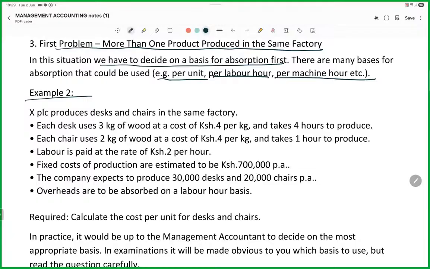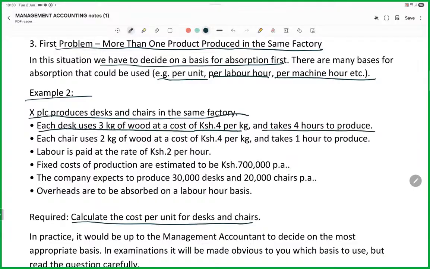So this example 2, because you are always students who are blessed with getting answers, and then you get, in this case here, gifts. Example 2, they want us to calculate the cost per unit for desks and what here? Chairs. You give us the cost per desk, cost per chair. An organization that is producing how many products here? 2 of them. BV produces desks and chairs in the same factory. Each desk uses 3 kilograms of wood at a cost of 4 per kilogram, and it takes 4 hours to produce.